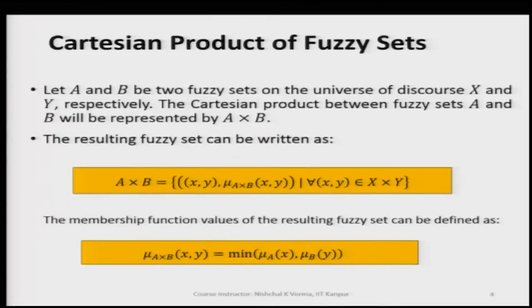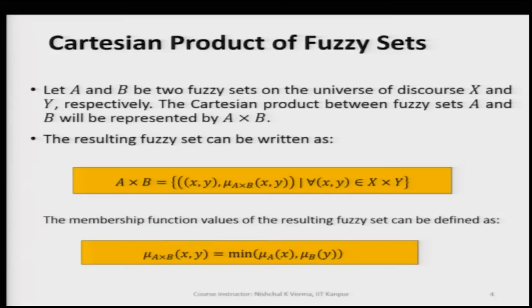Now, let us see the Cartesian product of fuzzy sets. If we have capital A and capital B, two fuzzy sets on the universe of discourse capital X and capital Y respectively, the Cartesian product between fuzzy sets A and B will be represented by A cross B, same as in the crisp set case.